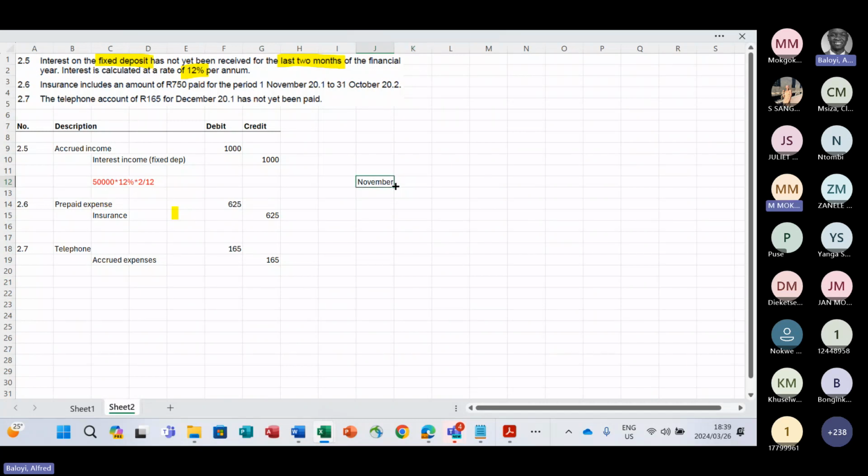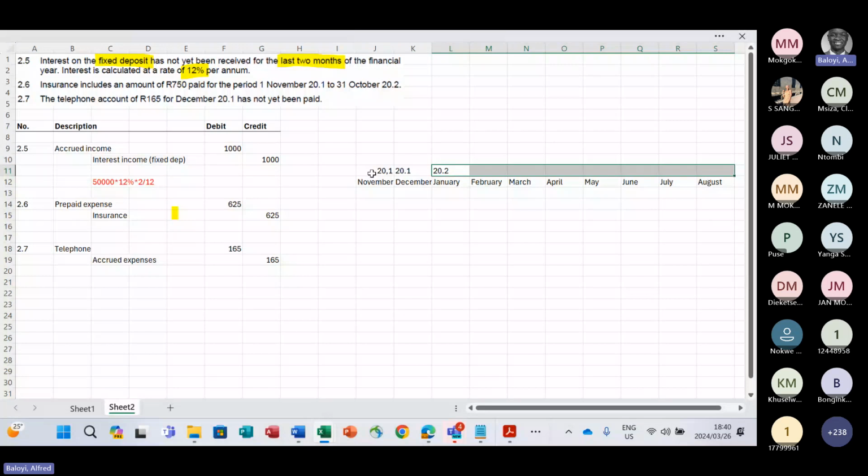If we do this, so this is 20.1, right? But however, this is 20.2, right?